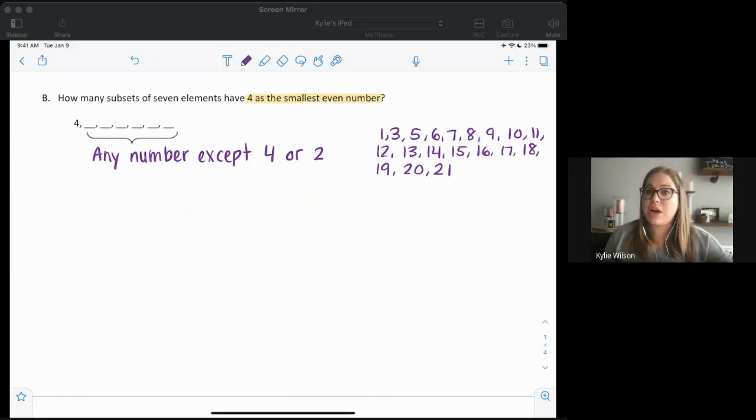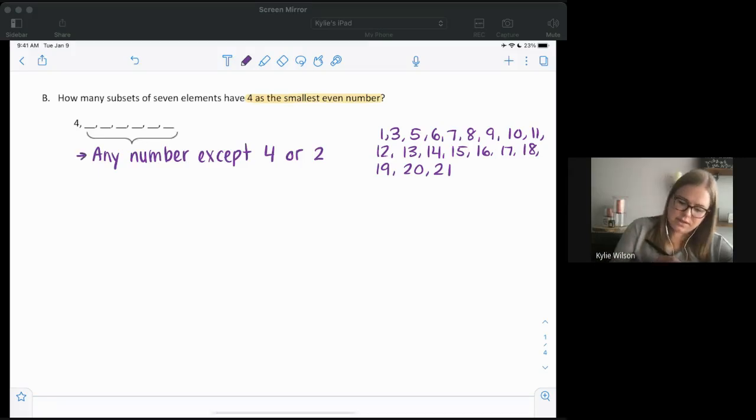So how many options do we have? 1, 2, 3, 4, 5, 6, 7, 8, 9, 10, 11, 12, 13, 14, 15, 16, 17, 18, 19. So that is 19 options.